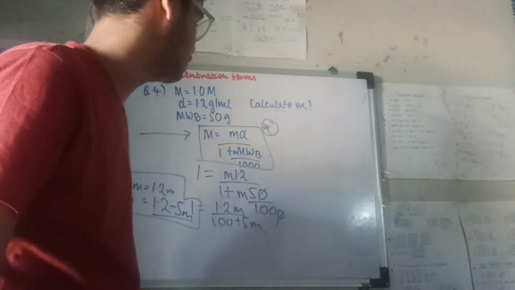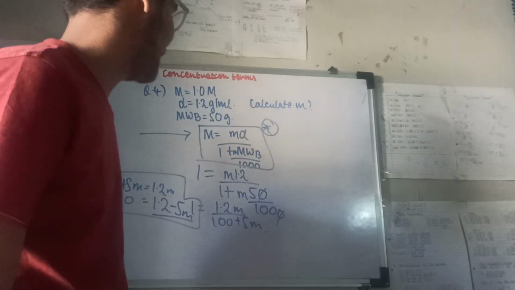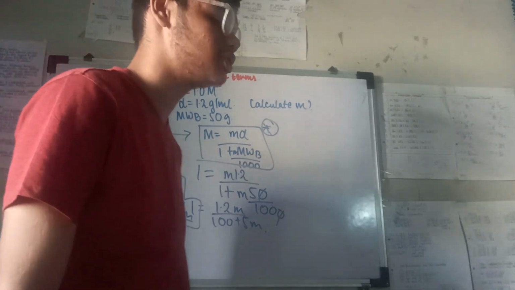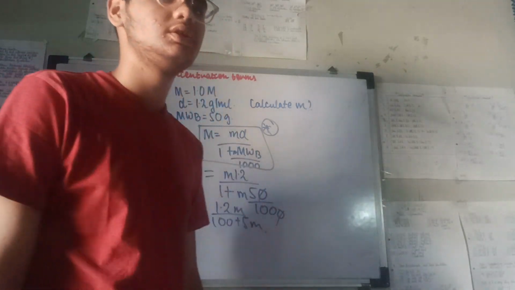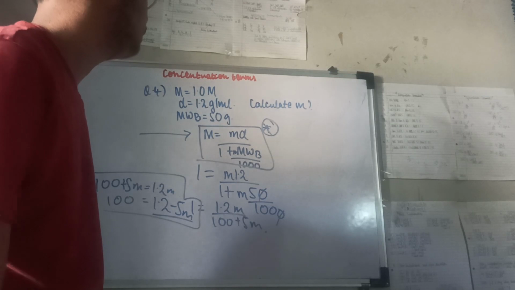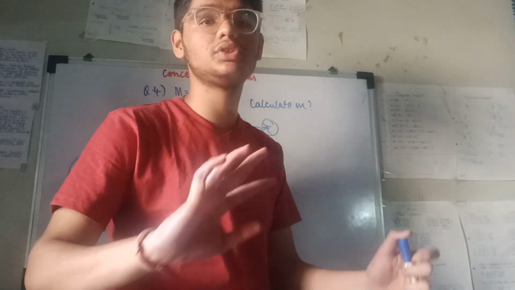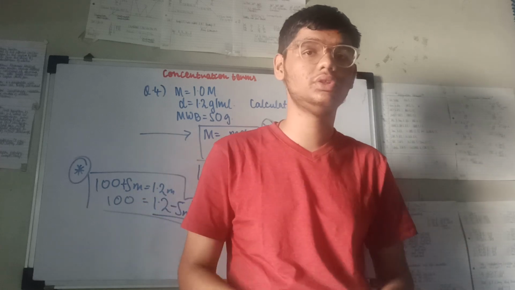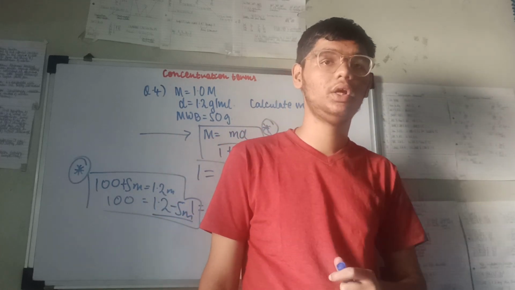I am giving you the concept, and direct questions generally are not asked. Combined questions are framed, such as degree of hardness. So this was the whole of the concentration terms in the first chapter, mole concept.